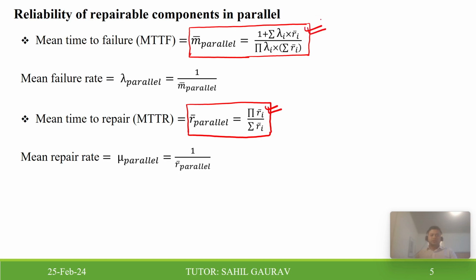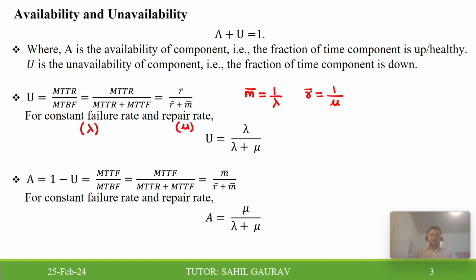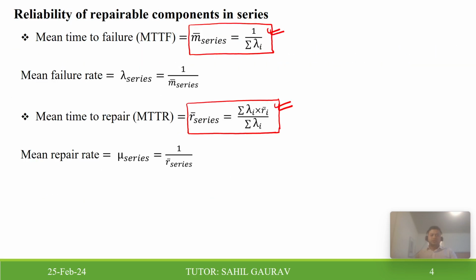So only these four things you have to remember for this assignment. The other ones are very easy. Other than this, you can easily understand even if you don't remember them. But I recommend you remember these terms.